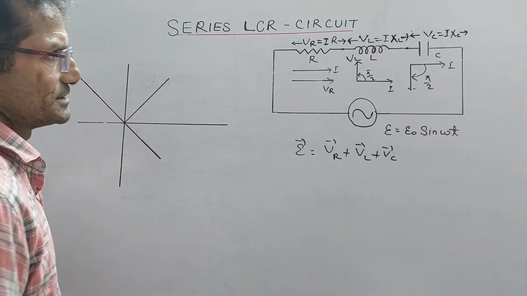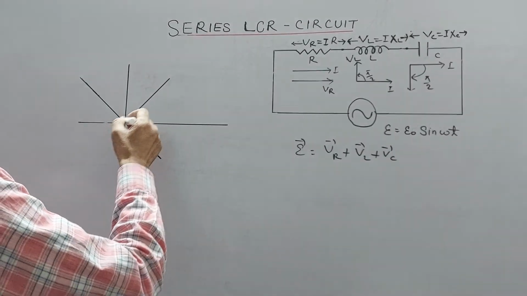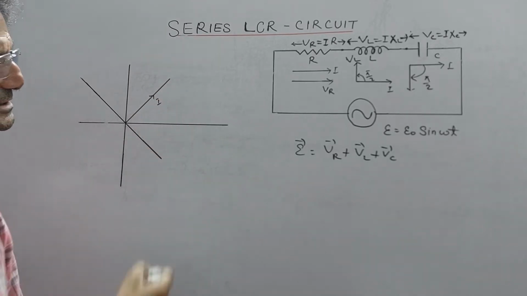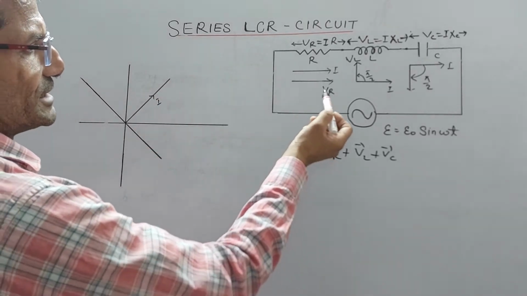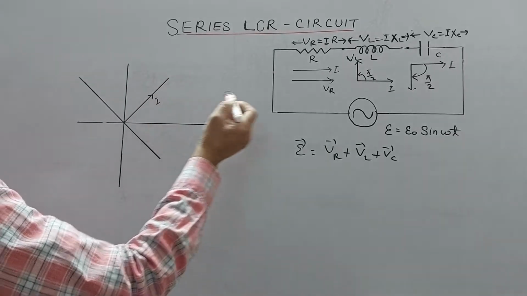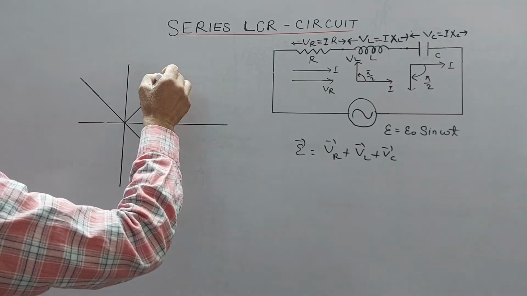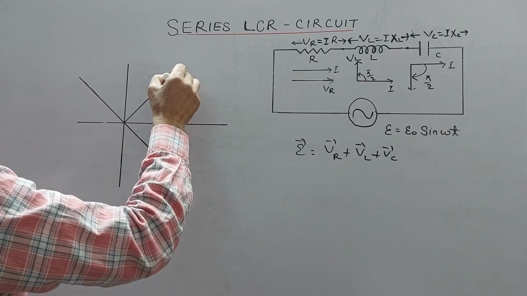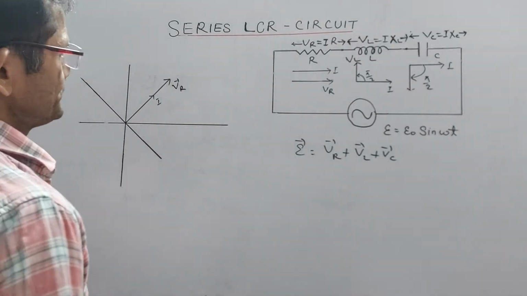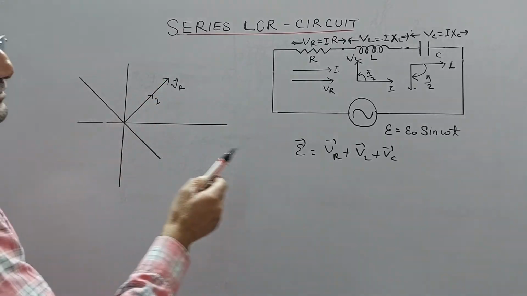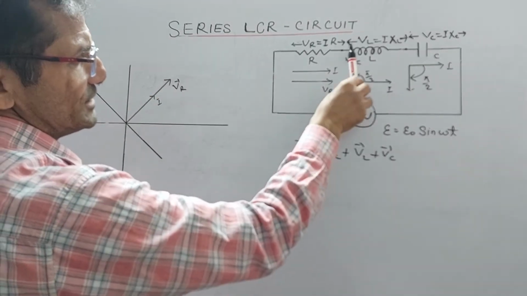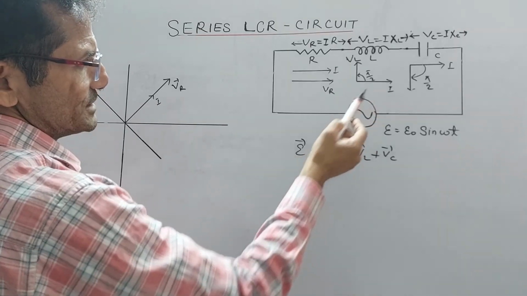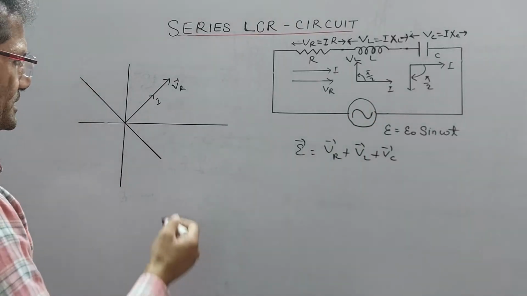First draw the vector I. Let us suppose I is along this one. The phasor is along this one. We already know that VR and I are in the same direction, or we say in the same phase. Therefore, this will be the VR vector. And here, if I is along this one, we know that the VL vector makes an angle of 90 degrees with the current I in the anti-clockwise direction.